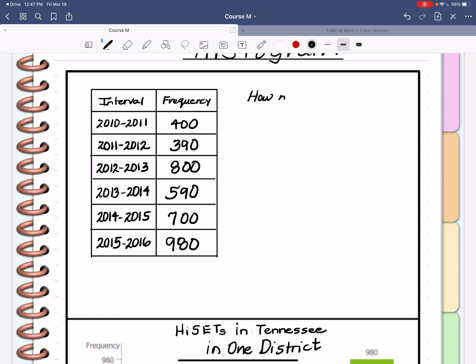How many students earned high sets during this entire period?